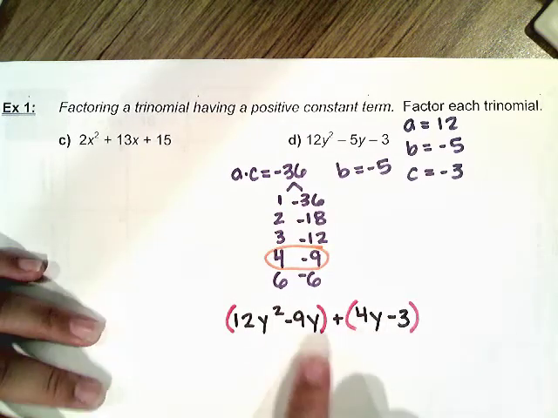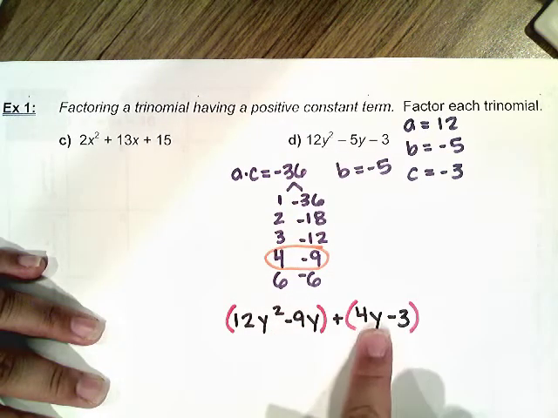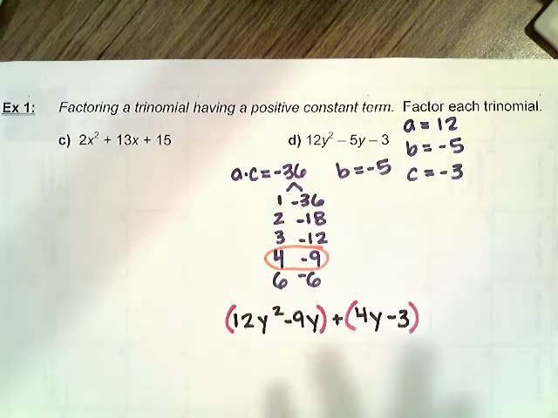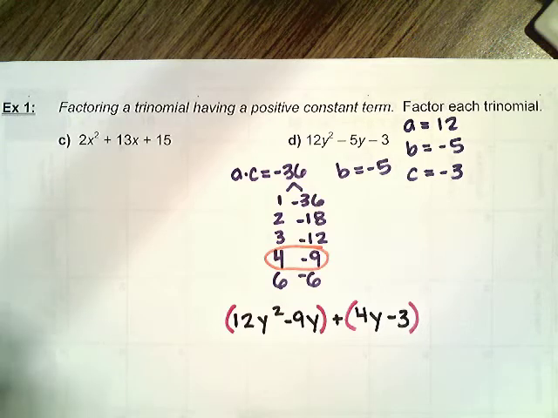If we had kept it as plus 4y minus 9y, we would have had a minus in the center and had to deal with the minus. We don't have to really do much with it, but it's kind of nice to not have to worry about that if possible.